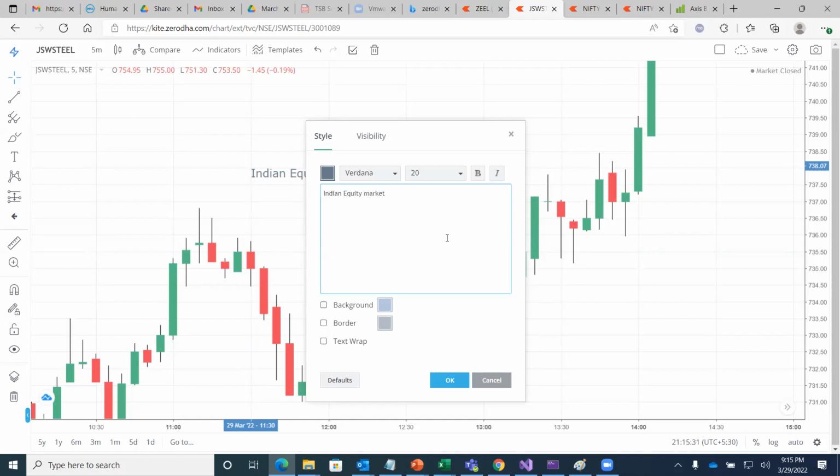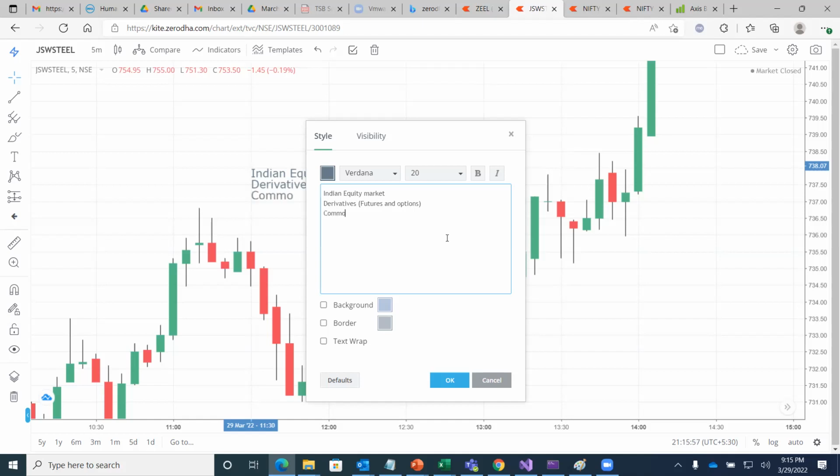There is an equity market. Again, in equity there is a derivatives market. In derivatives, we have two things, which are called futures and options.